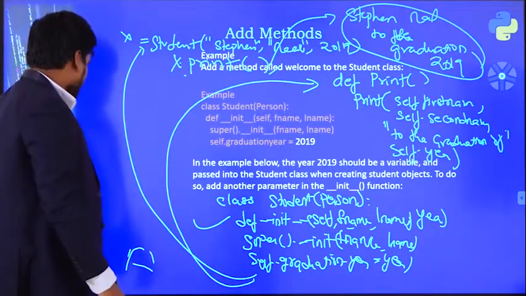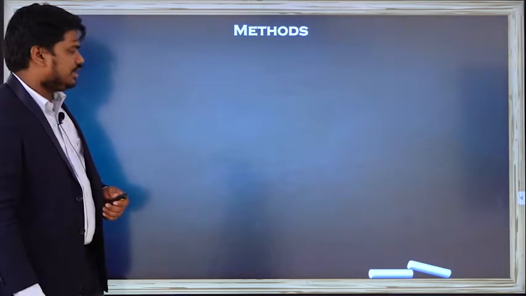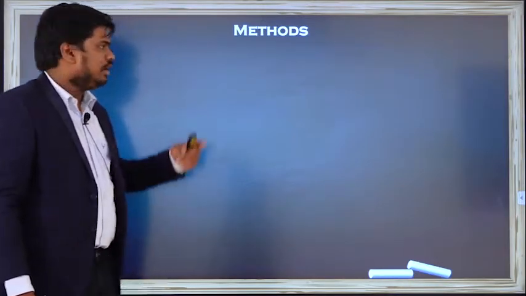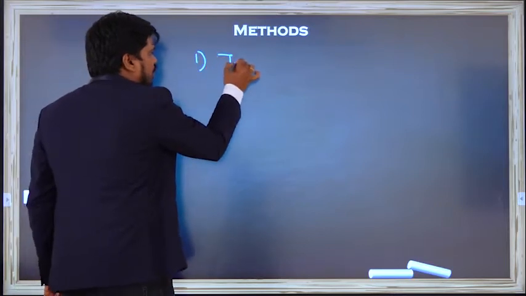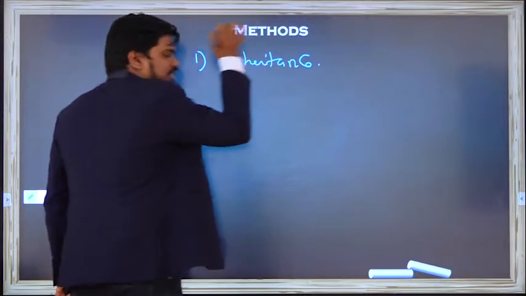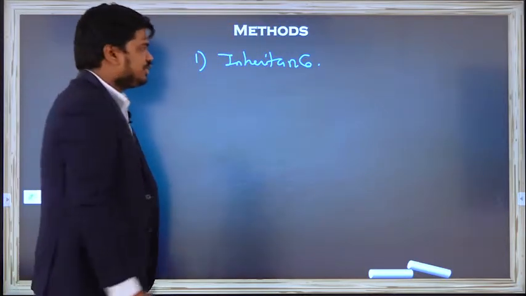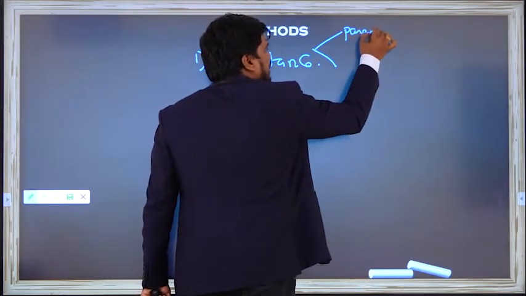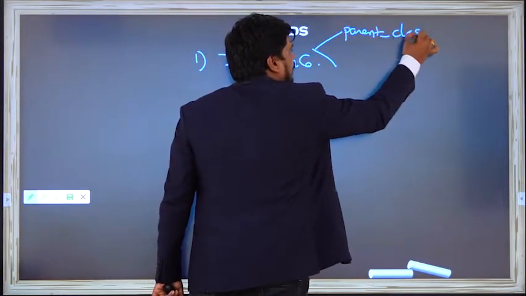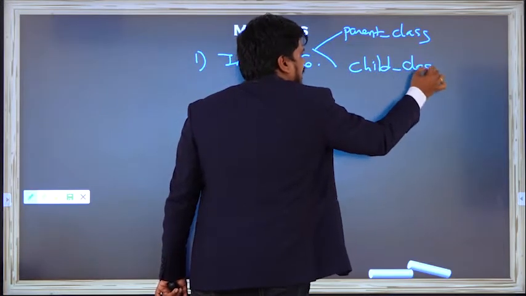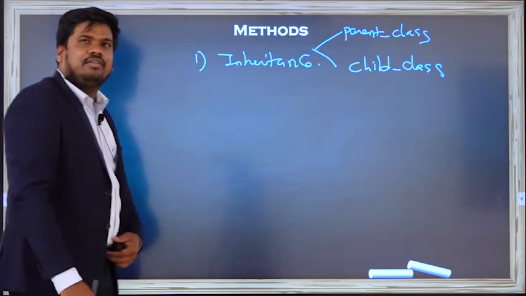And coming to the next important thing, I will revise the things I have discussed. In the first thing, we have learned about inheritance. What is inheritance? In inheritance we have a parent class and a child class. That is the first thing we have observed.